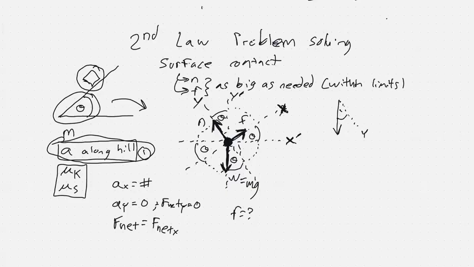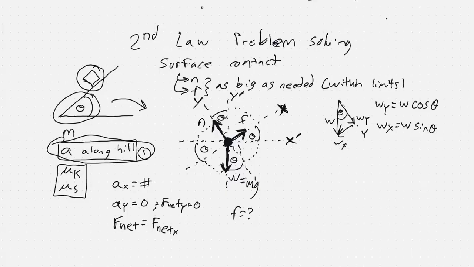So this is weight, that's Wx, that's Wy. And from this, I can solve for both. Wy in this case would be equal to W times the cosine of theta, since the y component is touching that angle. And Wx in this case would be equal to W times the sine of theta. Remembering that W is just mg, so I can substitute mg's where the W's go.